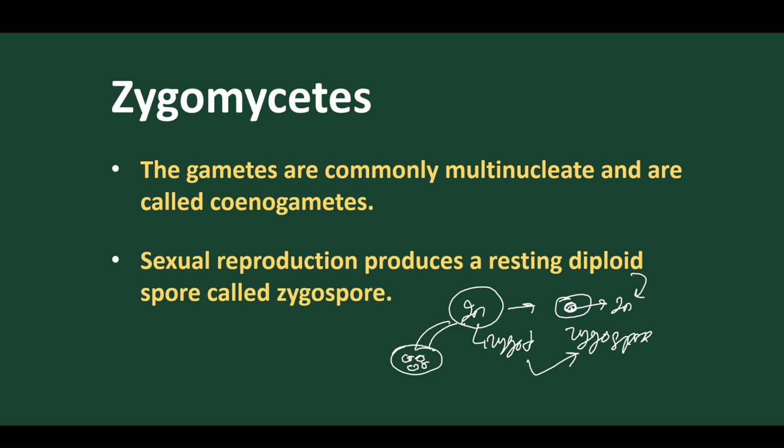Normally spores are haploid, but here the condition is different, because in sexual reproduction after conjugation both Ns unite and we find 2N. This 2N zygote develops into spores, and these spores are called zygospores.